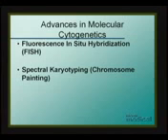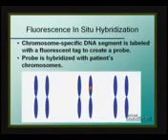As a result of what we have learned from this project, a couple of new techniques have been developed for the study of chromosomes. One of those techniques is called FISH, fluorescence in situ hybridization, and the other technique is called spectral karyotyping, or chromosome painting. Let's look at FISH first.